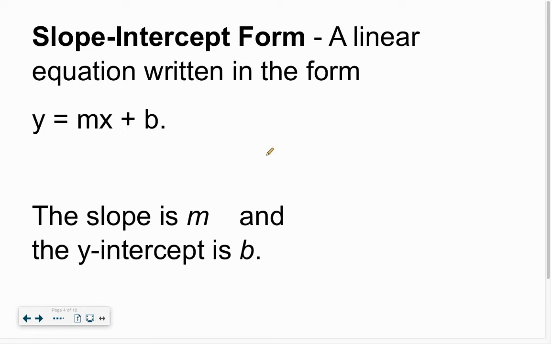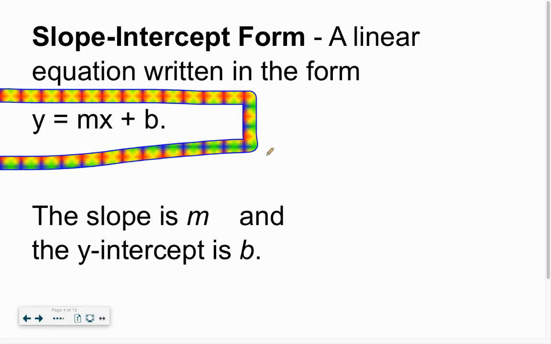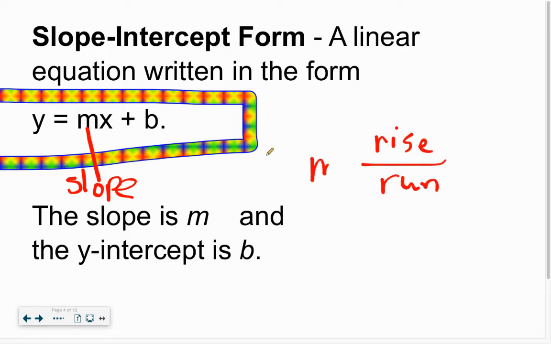Our slope-intercept form is going to be the big thing today. We're going to use this equation, y equals mx plus b, every time. If you want to, you can write on it that m is the slope. If you need that reminder, slope is rise over run. We've been using that a lot.